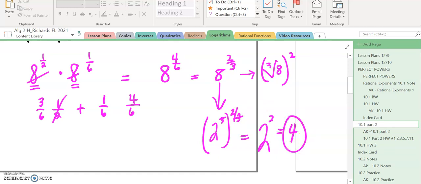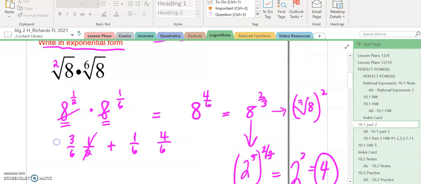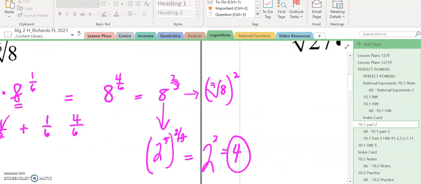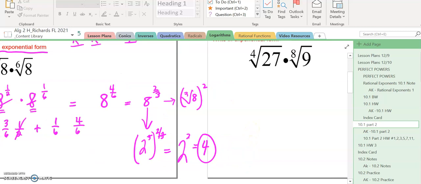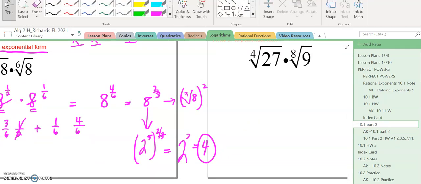Okay, so you did a total operation of the square root of 8 times the 6th root. Now, if ever you're left with an exponent, you put it back into radical form. So our answers will always go back to radical form here.